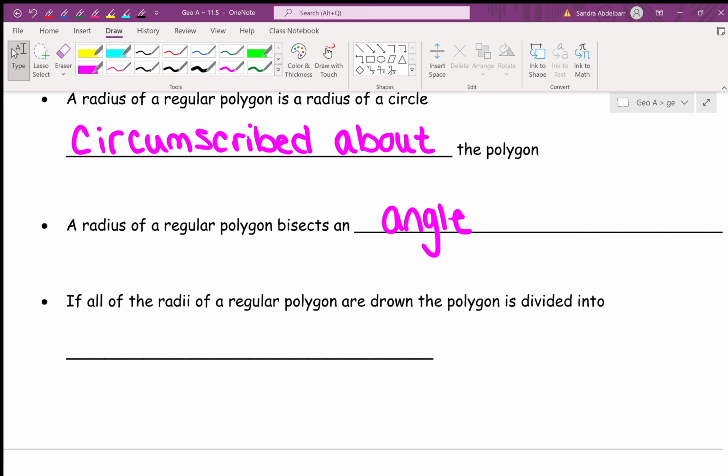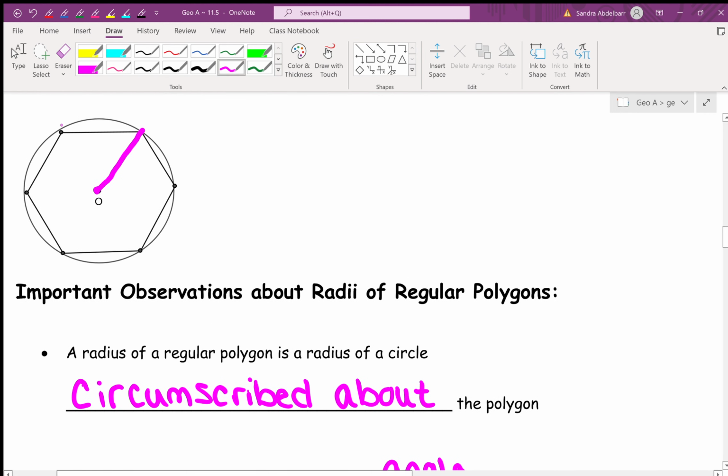If all of the radii of a polygon are drawn, the polygon is divided into, let's see, let's draw all these in. All right, so I drew in all of the radii. What shapes have I created inside this polygon now?